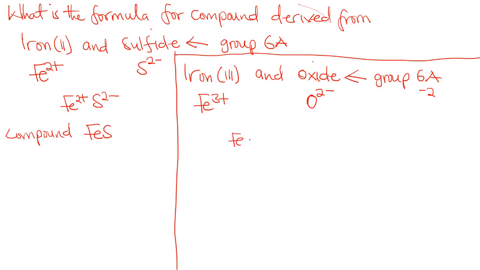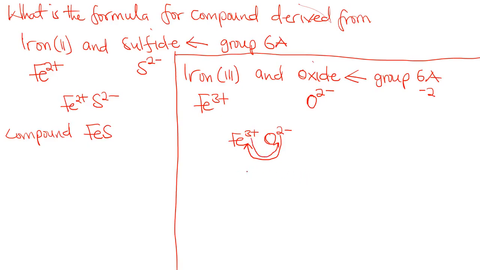So you bring together the ions like I'm doing here, and then the next thing you do, you need to cross them. Take this 2 and put it down here. Take this 3 and put it down here.